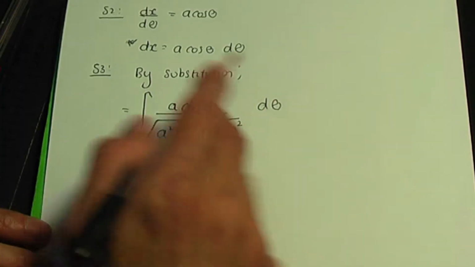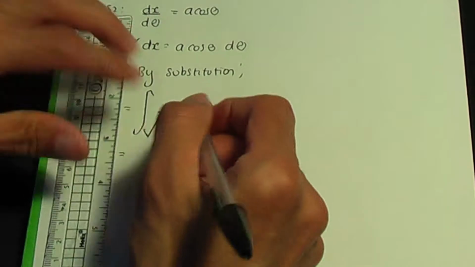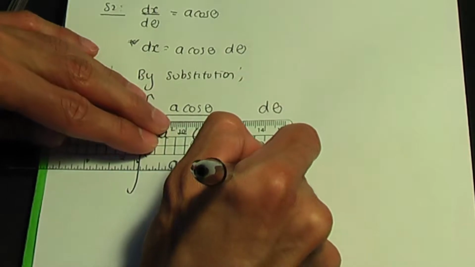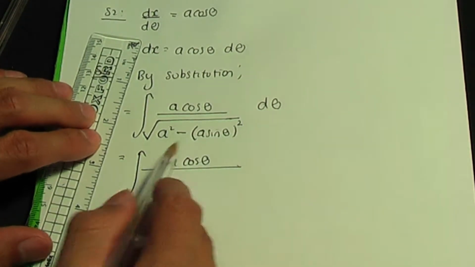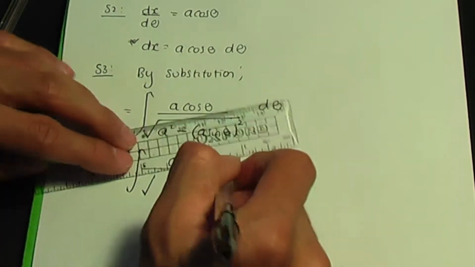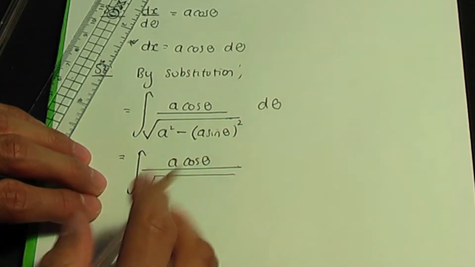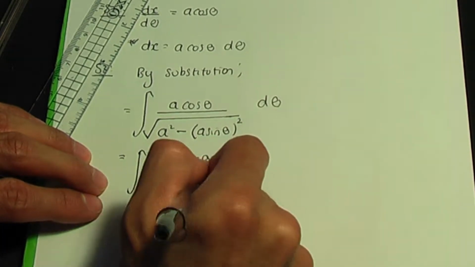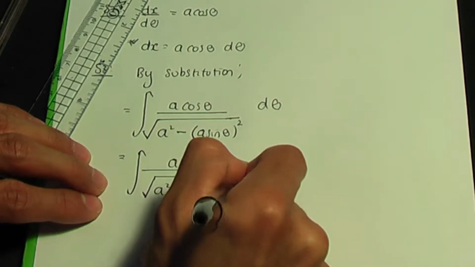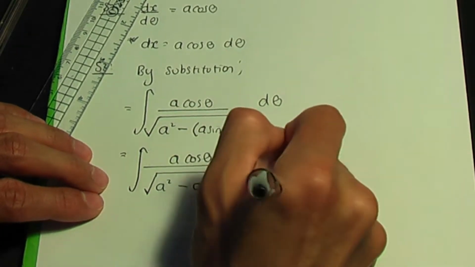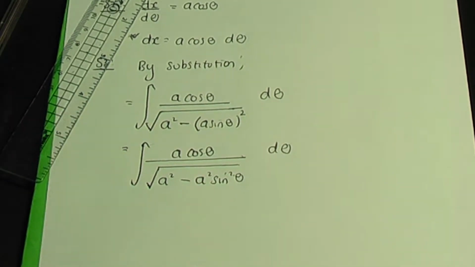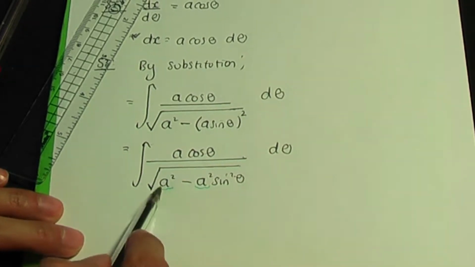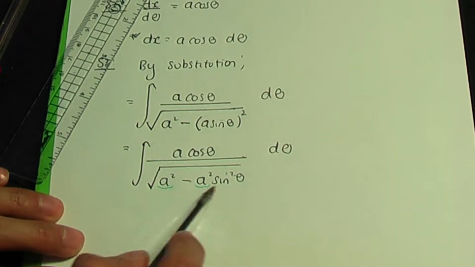So let's simplify this. We're going to have the integral of a cos theta on top divided by, looking at this term under the root, when we expand, a squared minus a sine theta squared is a squared minus a squared sine squared theta, with respect to theta. Now let's have a look at these terms. I have an a squared under the root, which is common to both of these terms.